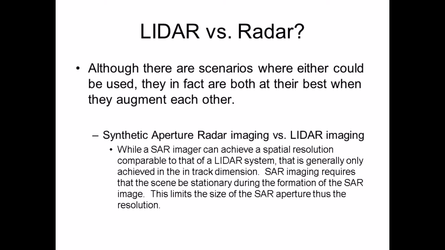And this limits the size of the SAR aperture, thus the resolution. So when it comes to imaging the ground, it's difficult for a SAR system to be competitive with a laser radar system, except that the SAR system can see through clouds and things like that, which the laser radar system has a difficult time seeing through.